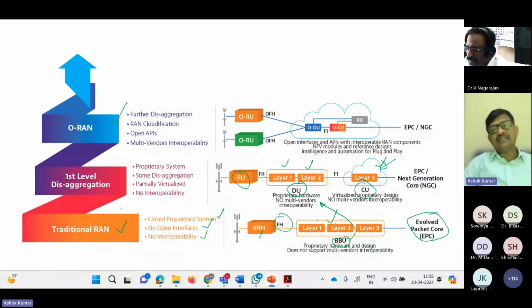ORAN. So Open RAN standards are from the ORAN Alliance. So we divided the product into three products and also added certain other components. So what were those? We have an open radio unit having open fronthaul, OFH.